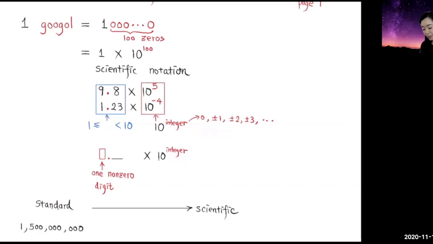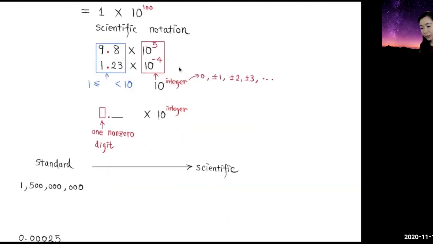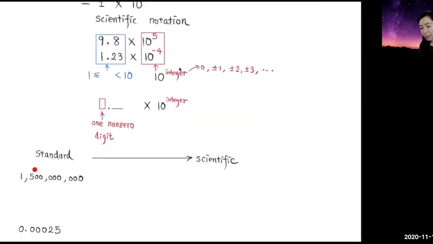Now let's practice converting a number from standard notation to scientific notation. So the first one over here, what's this number? It is 1,500,000,000. That's in standard notation. This is how we normally write the number.